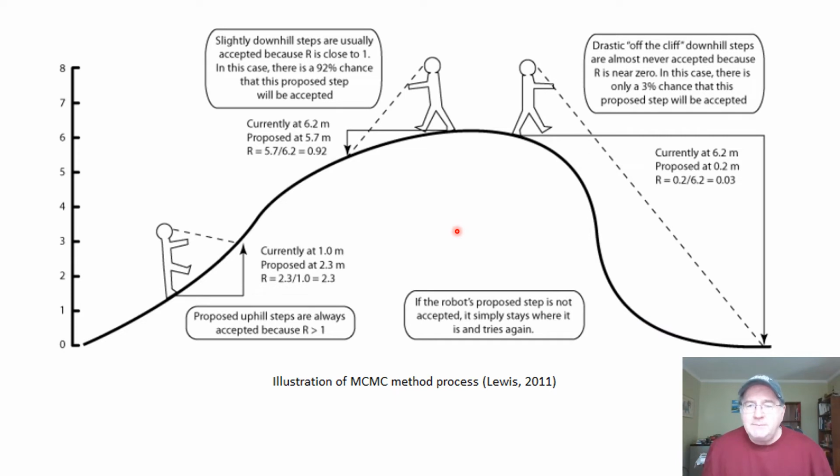It doesn't matter the absolute value. The point is that it's a very low probability of accepting that. Not zero, but very low. Whereas here, there's a decent chance that I might accept that move, meaning that I might step down in the probability in the hopes that this curve doesn't continue to go down, but maybe it rises once I get to that point and I start to hike my way up the mountain.